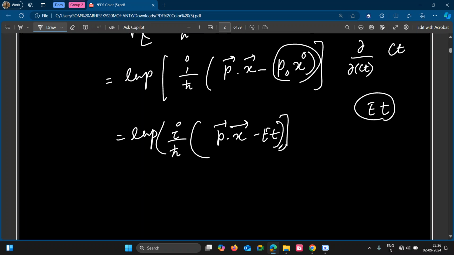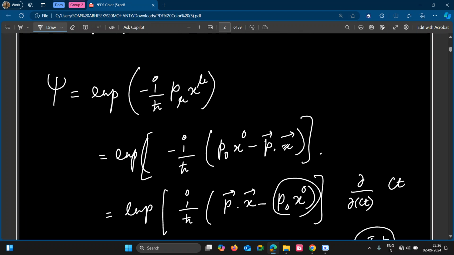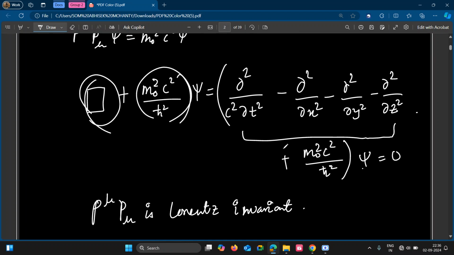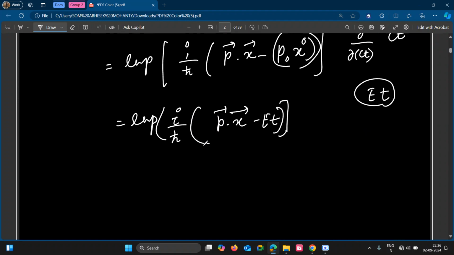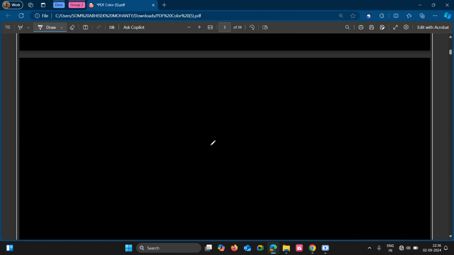Now what will I do? I will put this psi in place of this one, the value of psi that I got here. If I put the value of psi, p mu p mu psi is equal to m naught square c square psi.